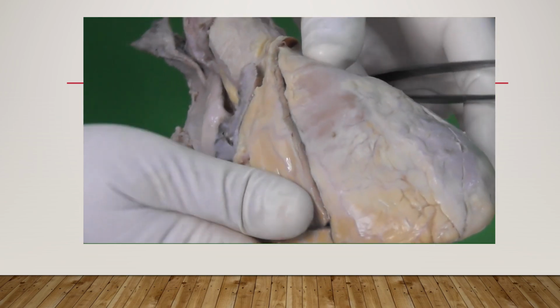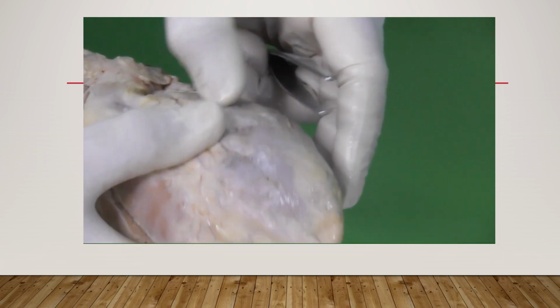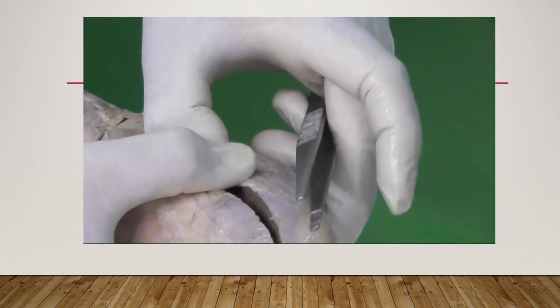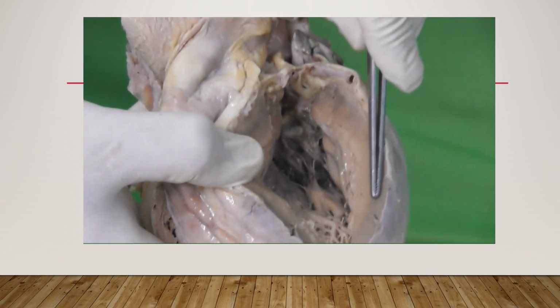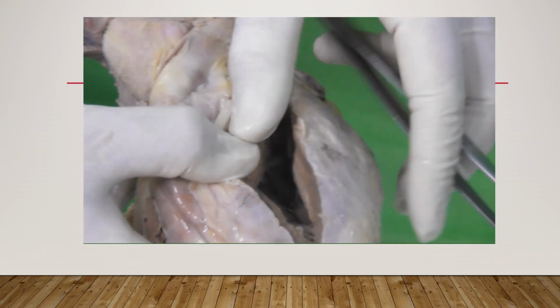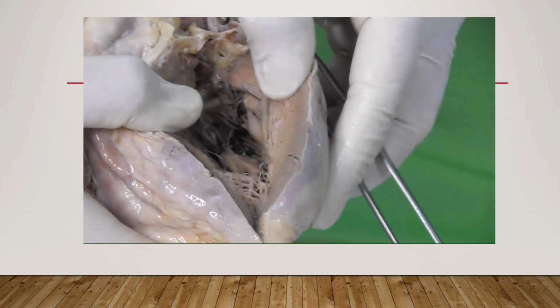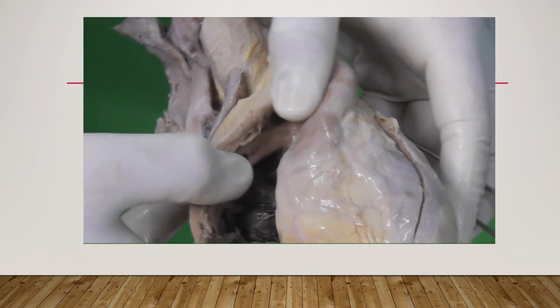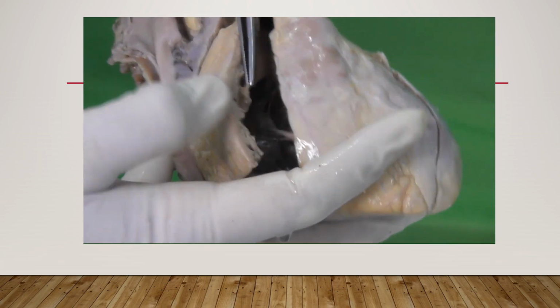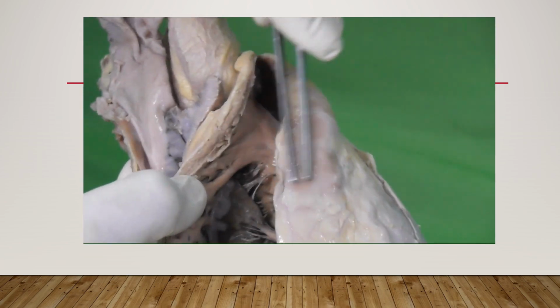Now we are going to see the comparison between the thickness of the wall of the right and left ventricle. After opening the left ventricle, we can compare the thickness. This is quite more as compared to the right ventricle of the heart. So that is showing us the comparison of the thickness of myocardium between the two ventricles.